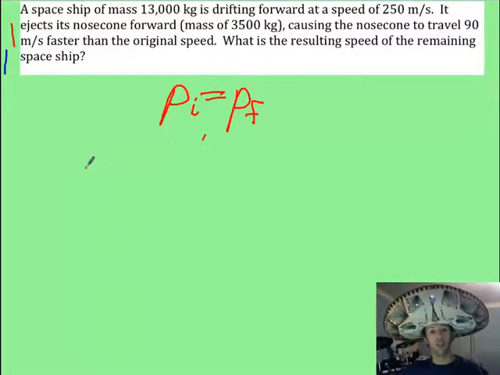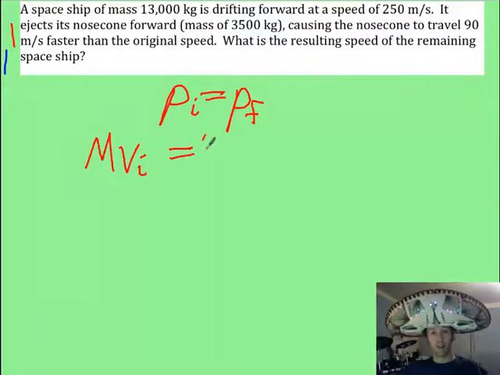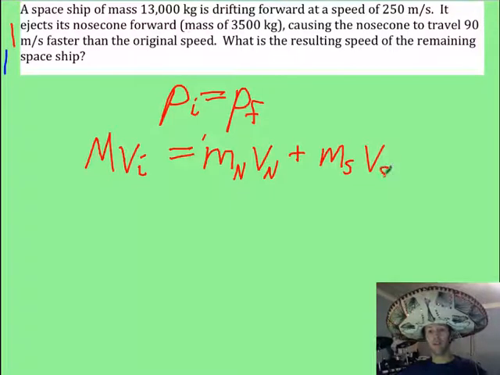And then you should say, for your initial, you've got the total mass of the 1300 times the initial velocity, and then splits in two, and you've got the mass of the nose cone times the velocity of the nose cone, and you add that to the mass of the ship and the velocity of the ship. If you didn't set it up like that, pause it, do that.